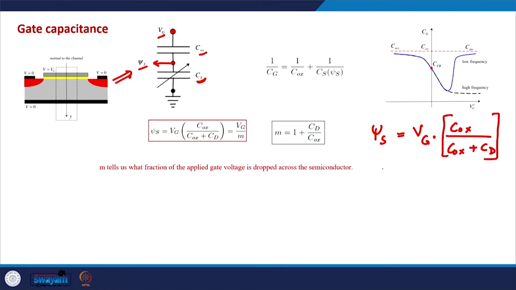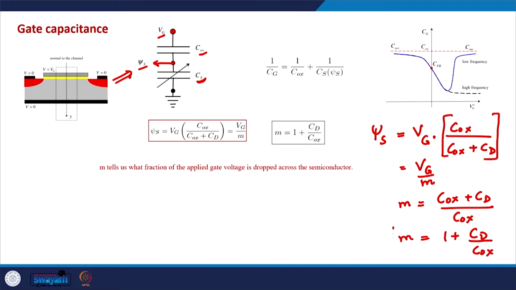which means that we can write it as Vg divided by m, where m is Cox plus Cd divided by Cox, which is 1 plus Cd by Cox.